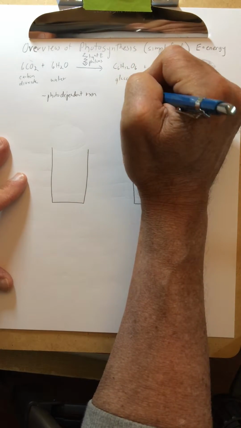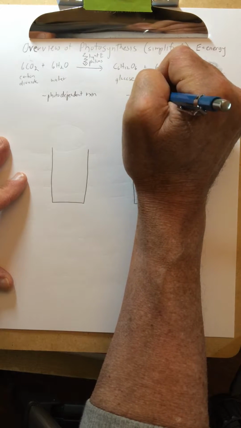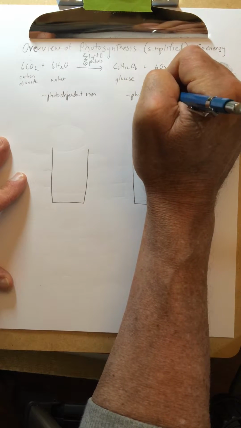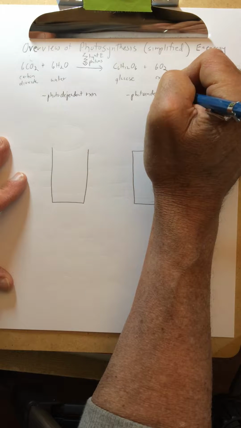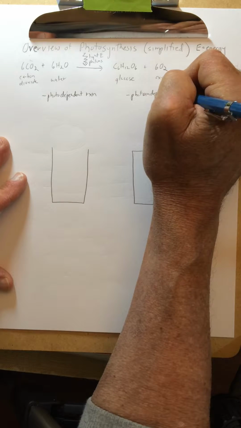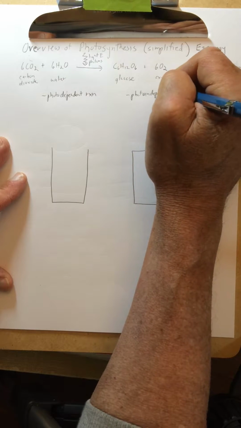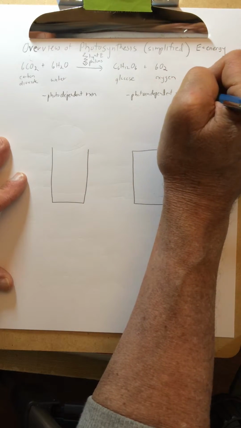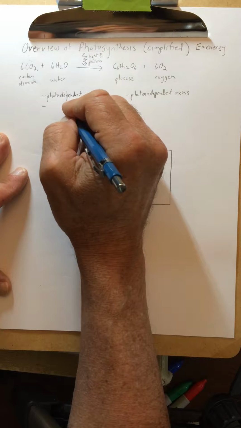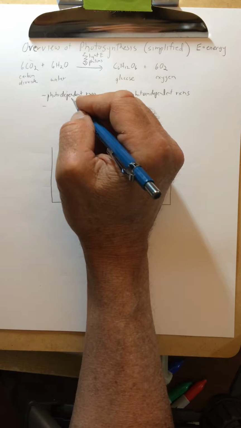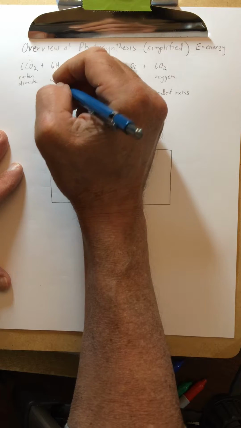And the second step are the photo-independent reactions. The photo-dependent reactions are sometimes called the light reactions.